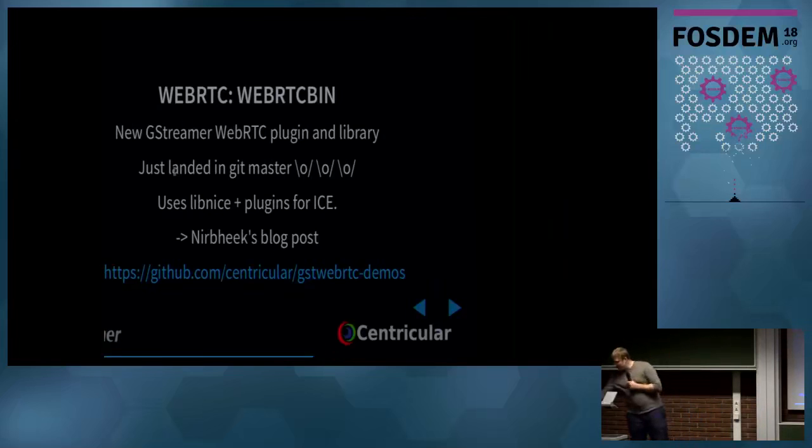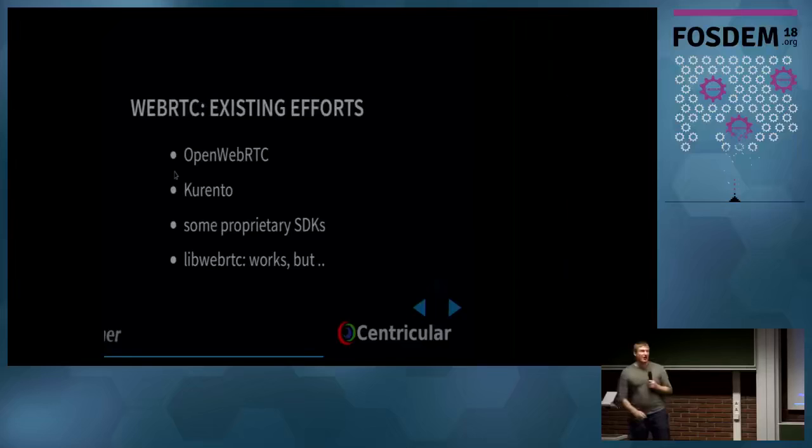So that's really nice because it basically allows you to easily leverage WebRTC and stream to WebRTC clients using GStreamer, anything GStreamer, and you can leverage all of GStreamer. There were existing efforts. One was OpenWebRTC, sponsored by Ericsson. That's kind of dead now, and the reason it wasn't really continued is that there was a mismatch from what we as library developers, C developers, need from an API.